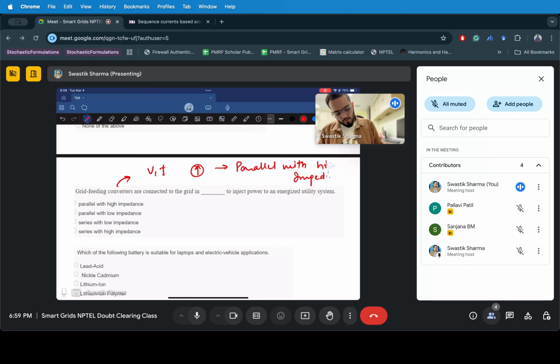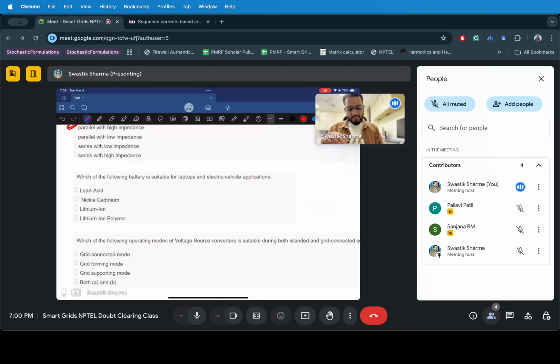Because you don't want the amount of current it is giving to change with respect to how much voltage it is experiencing, right? So the correct answer is parallel with high impedance, because they act as current sources, and current sources are nothing but connected in parallel with high impedance.